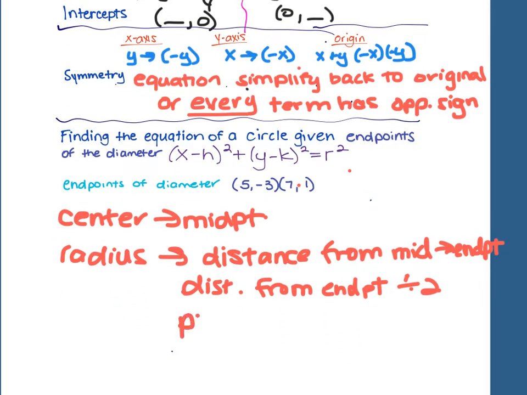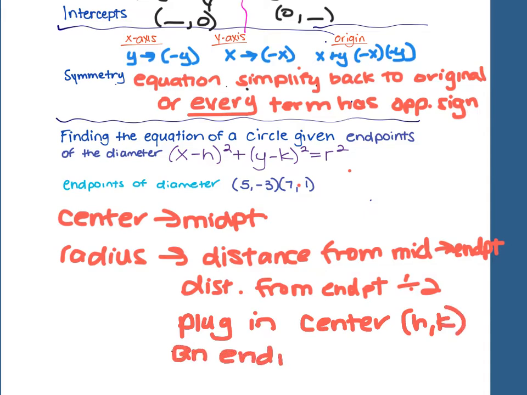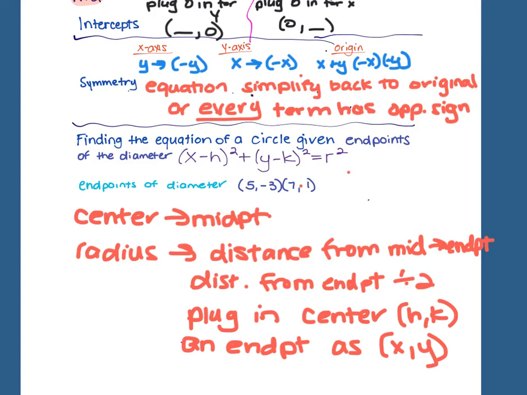Or I can plug in the center as my h and my k, and either endpoint, doesn't matter which one, as my x and y, and then solve for r that way. So you do whichever way works for you.